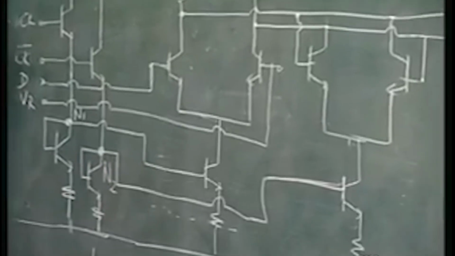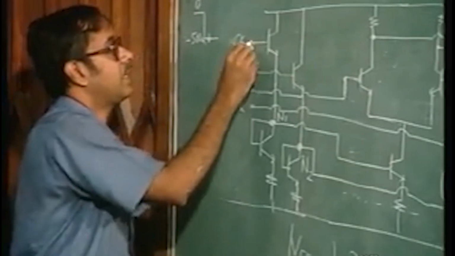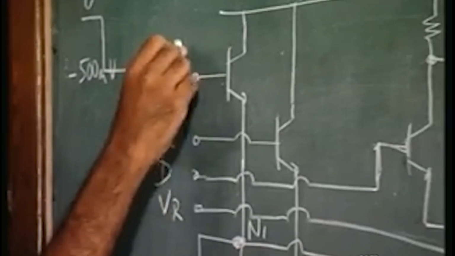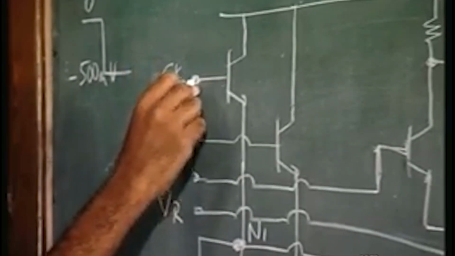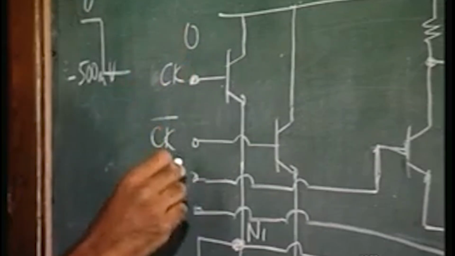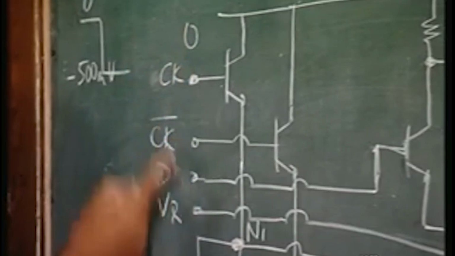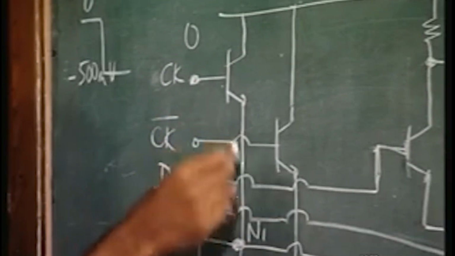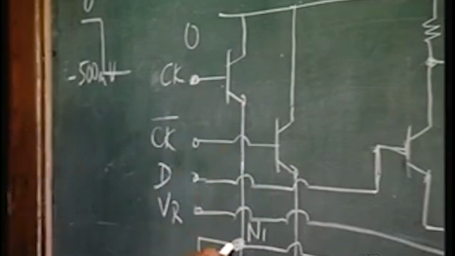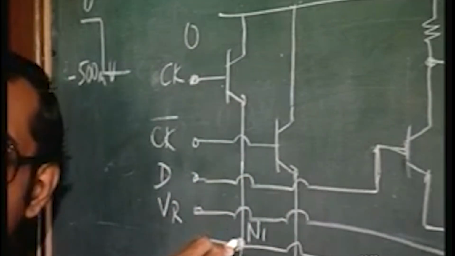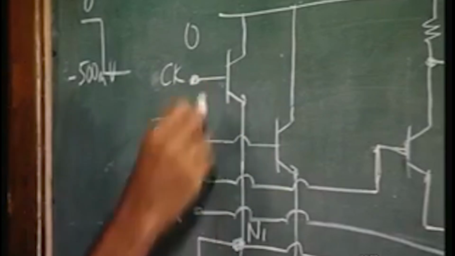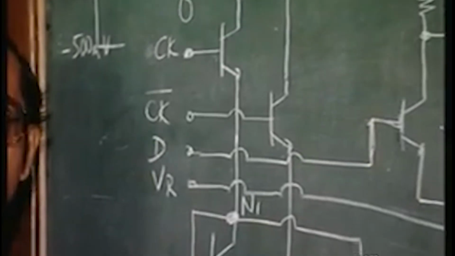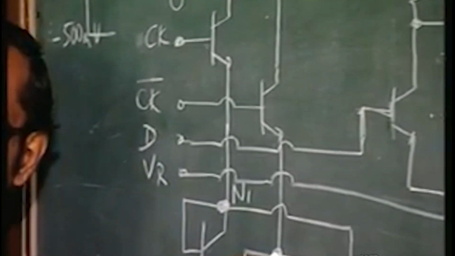So basically what is going to happen is, say if clock is high, that means the voltage here is 0 volts, and clock bar is low, that is minus 500 millivolts. Then the voltage at node N1 is going to be high, because it is basically a level shifting here, and the voltage at node N2 is going to be low.